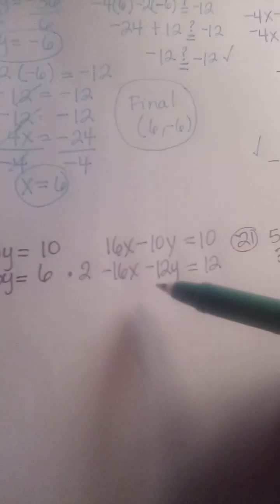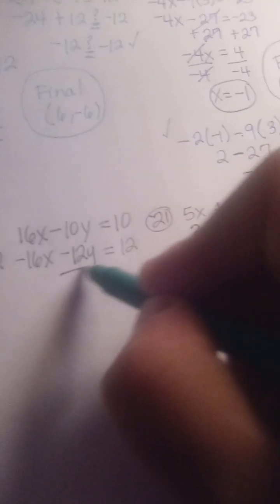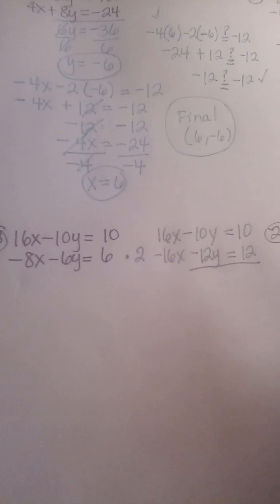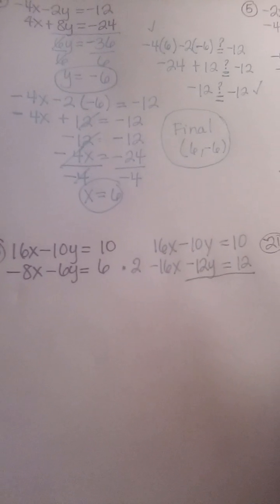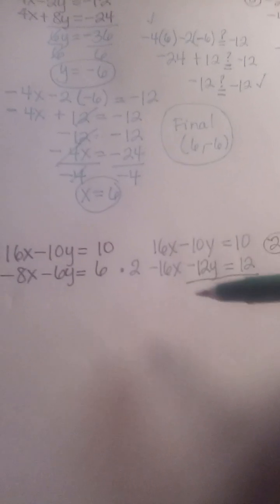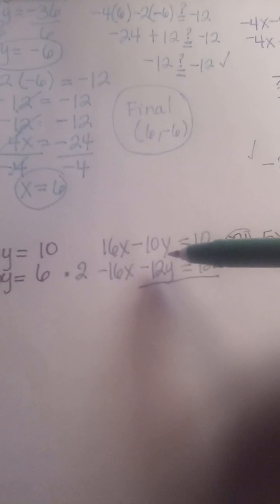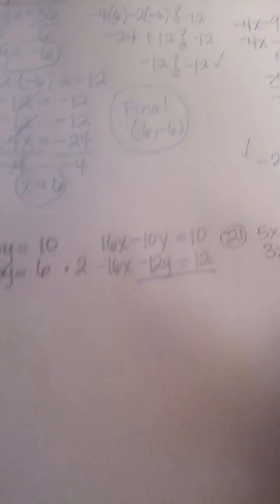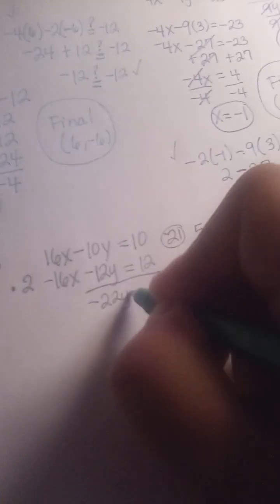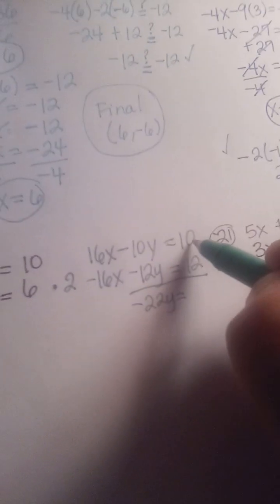So we eliminate the x's. Now we're going to concentrate on the y's. Any questions on how I got to this point? All right. Then we are going to do the arithmetic. Negative 10y minus 12y equals a negative 22y. Then we have 10 plus 12 equals 22.